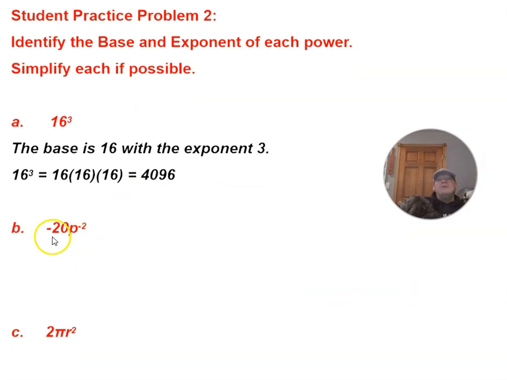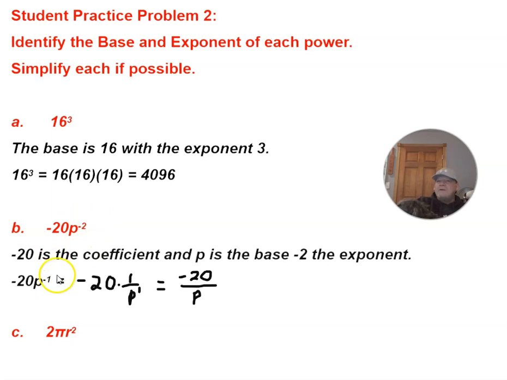Okay? So now negative 20 p to the negative second. Now's where we're getting into that 8th grade standard that a lot of algebra students struggle with. What does a negative exponent mean? Well, negative 20 is a coefficient, and p is the base, and negative 2 is the exponent. What does that really equal when you simplify it?